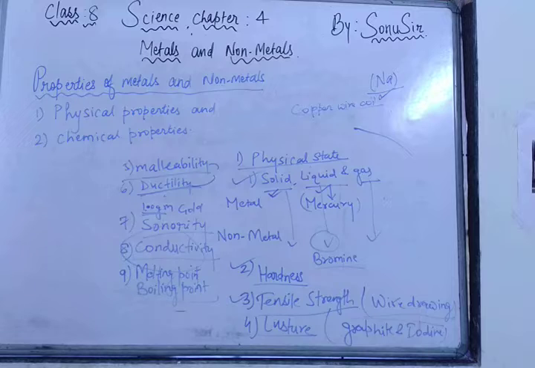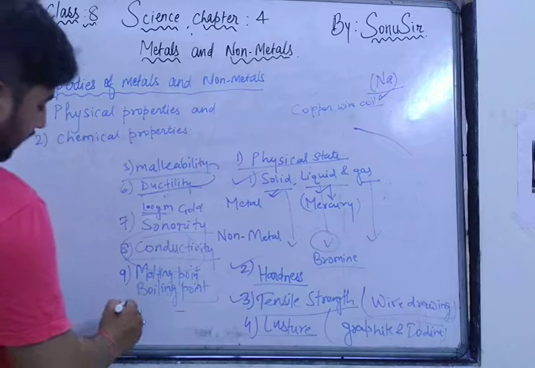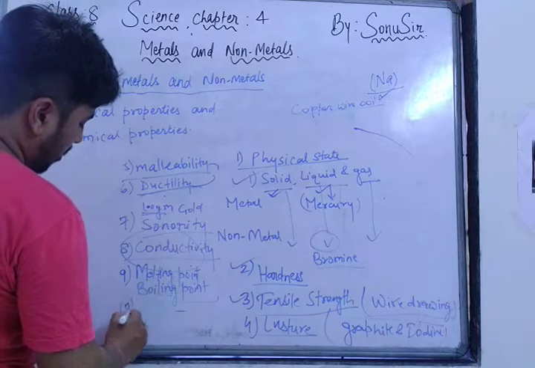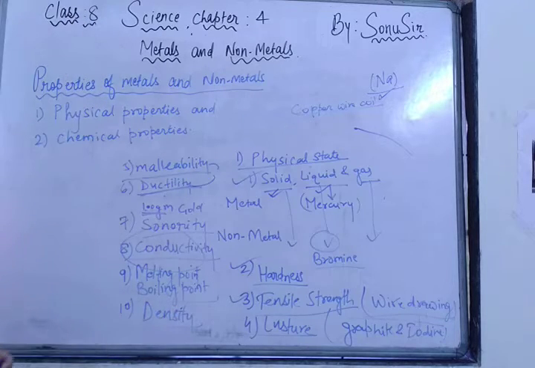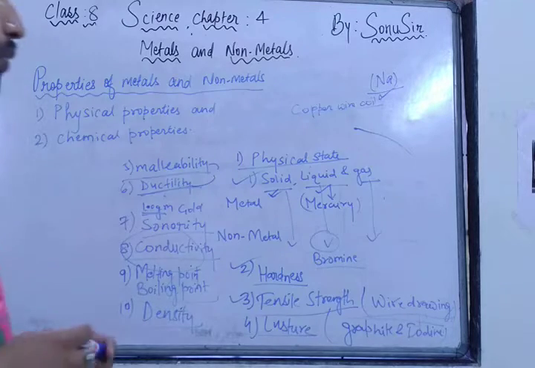Now the last physical property of metal is density. Remember this word, density. Dense means very much. Most metals have higher densities than non-metals. Lithium, sodium and potassium are the only metals that have lower density than water, so these metals float on water.